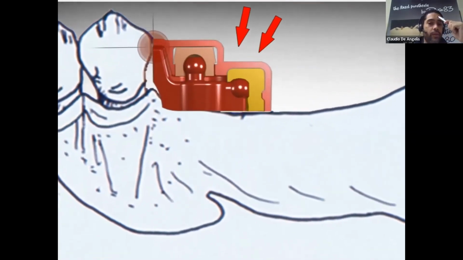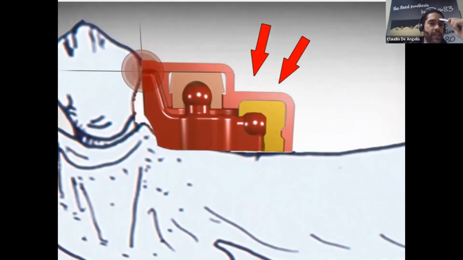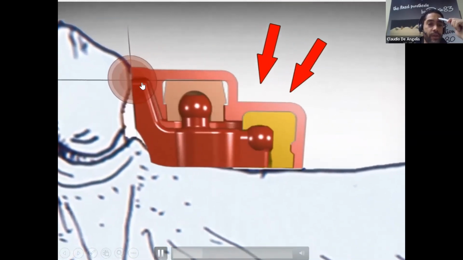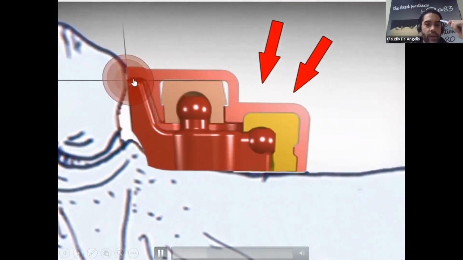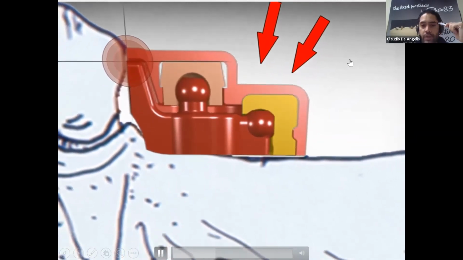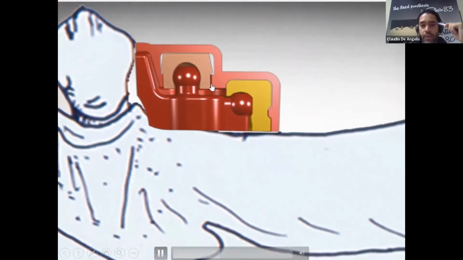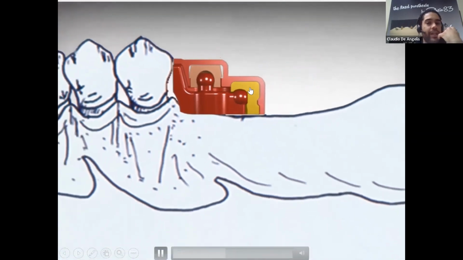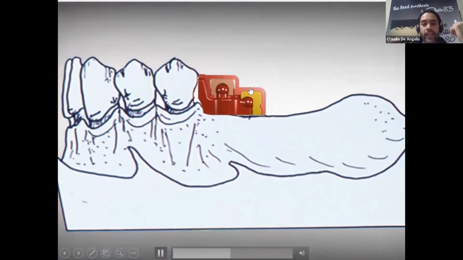But remember, the concepts are always the same. The horizontal area here must be respected, even if you have two spheres, because you can see how the two spheres, by working together, allow a vertical resilience of the metal frame without stressing my teeth.